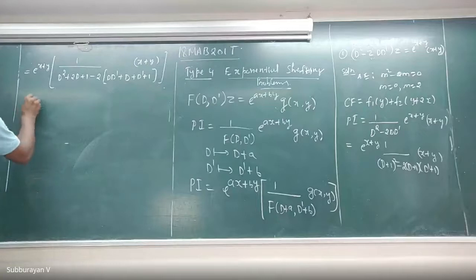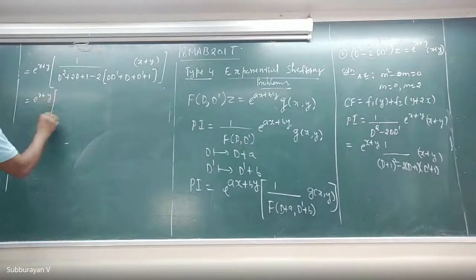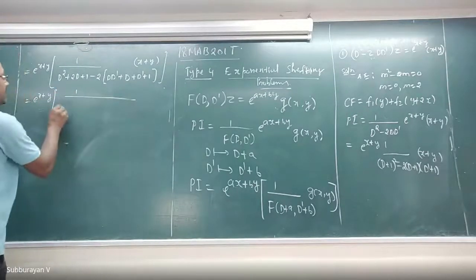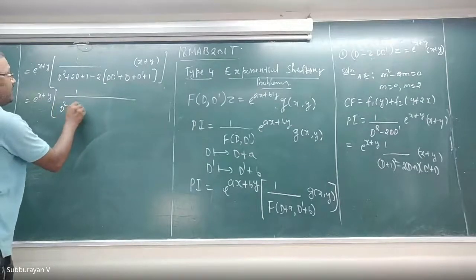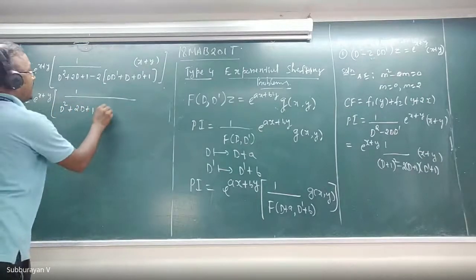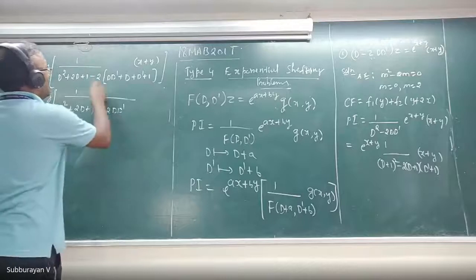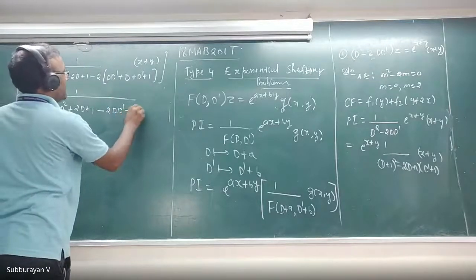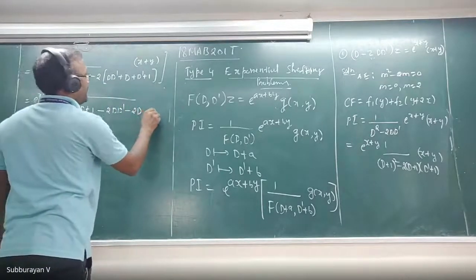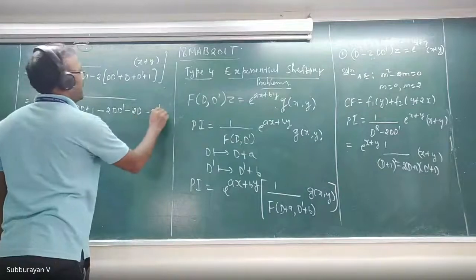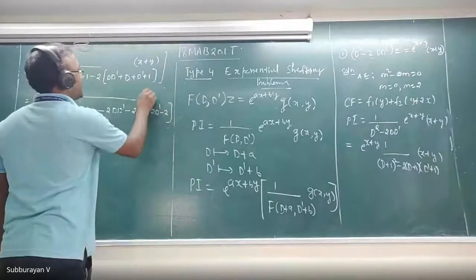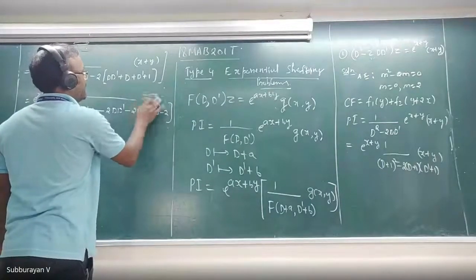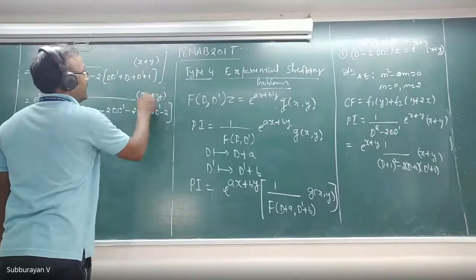So that is equal to e power x plus y, 1 divided by D square plus 2D plus 1 minus 2D D dash, and then minus 2D dash, and then minus 2, into x plus y.